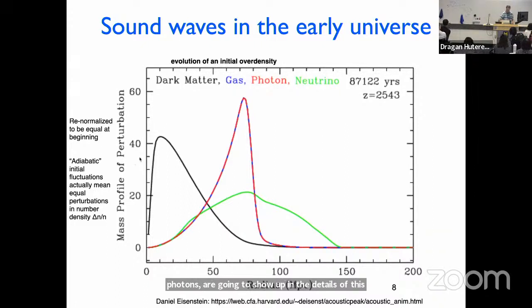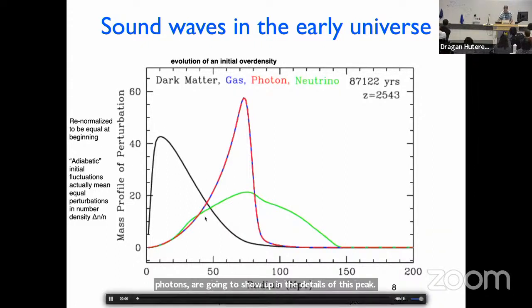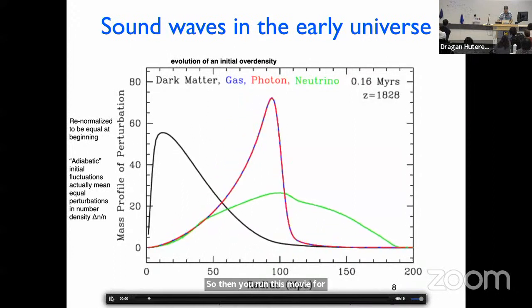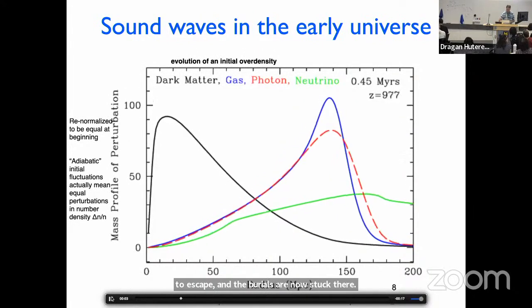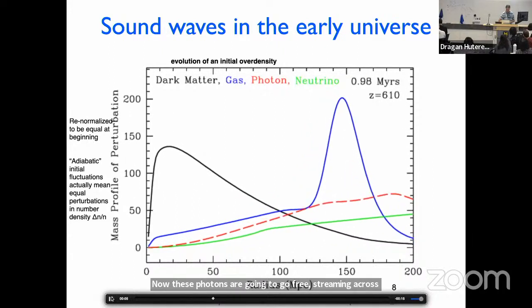So then you run this movie forward. You get to redshift 1100, and now they've decoupled. Right? You see the photons are now starting to be able to escape, and the baryons are now stuck there. Now these photons are going to go free streaming across the universe, and they're headed out to us.